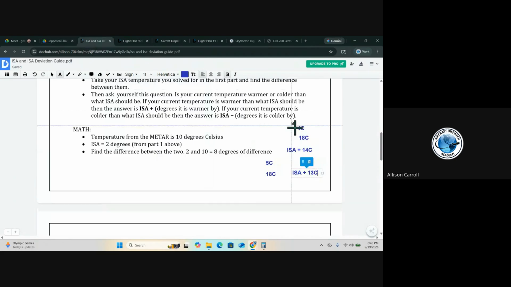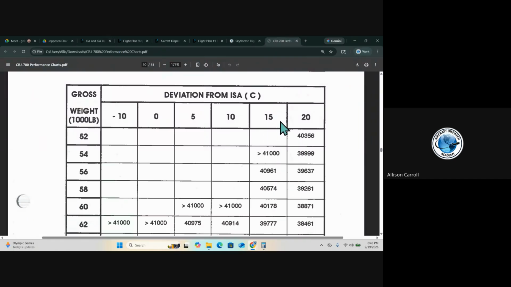So this is why I wanted to just kind of show you. This is why I say it doesn't make too much of a difference, because in either case, we are still going to use the ISA plus 15 performance. Both ways, if we rounded up or we rounded down, we would still land on this 15 column.